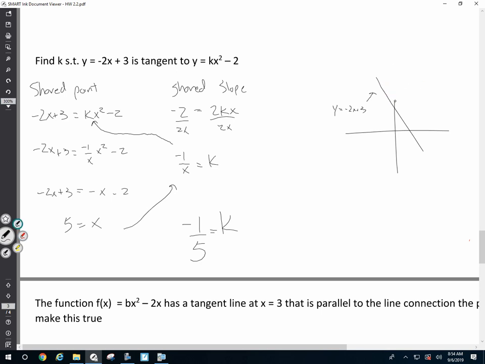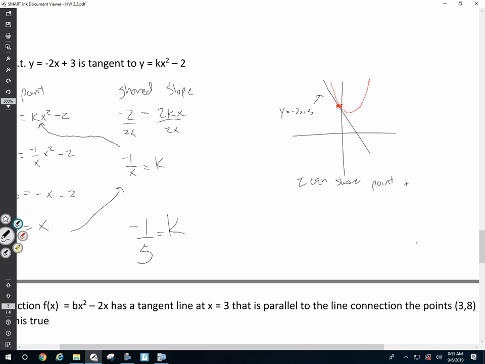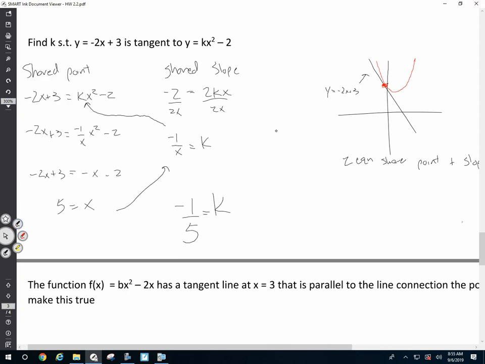I can do better. There we go. Okay. The two equations share a point and a slope. That's a tough problem if you don't know where to start. So I assume that a lot of people came to the video for that.